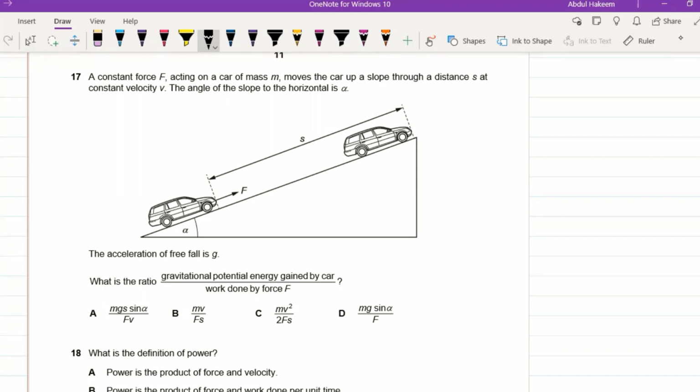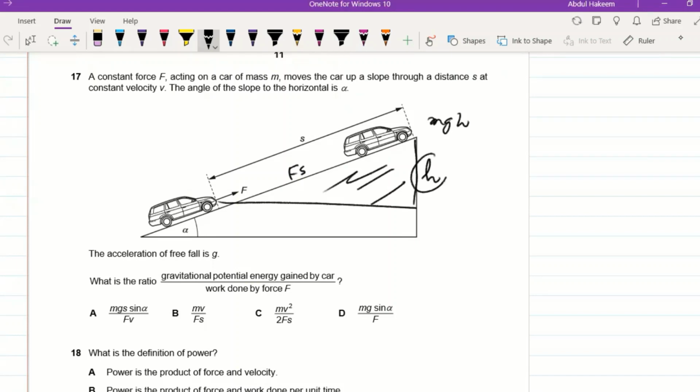Look, the work done is F into S. And the potential energy gained here is mgh. But the h is this vertical height, this one. So in this triangle, this height is the perpendicular of the triangle and S is the hypotenuse. So we can write h divided by S is equal to sine alpha.